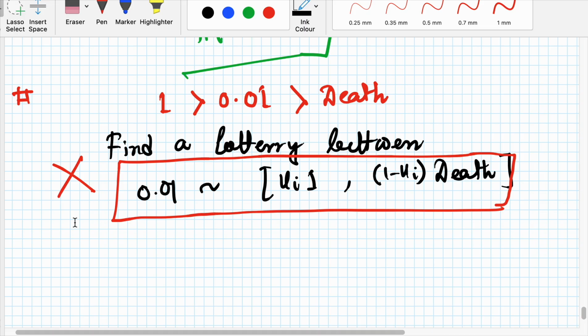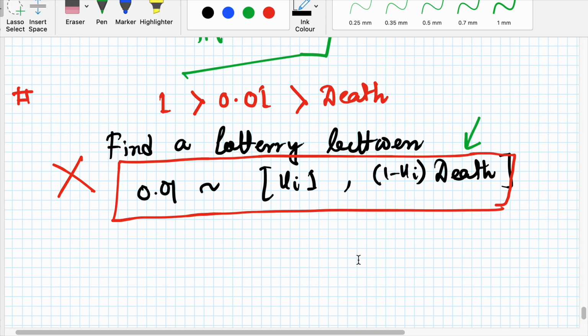However, this is not quite true here, because death and 1 rupee are not on the same footing, so the comparison and the preference do not make sense here. So it is not logical to represent a lottery with 1 rupee and death.